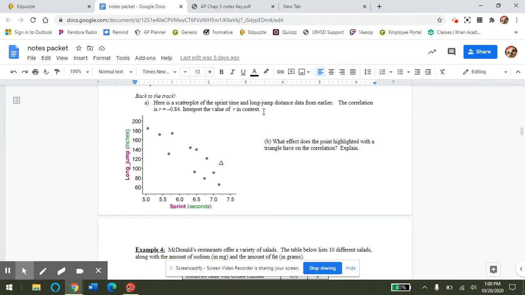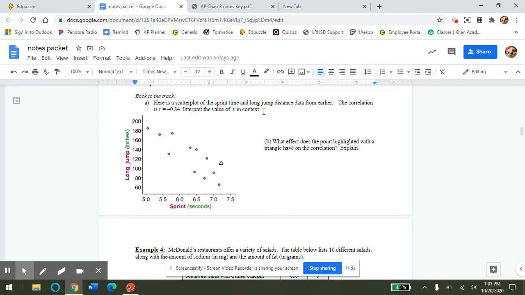You want to put a star on your notes, circle this, something. R only tells you strength and direction. The picture tells you form. The picture will tell you linear or not. So if you have negative 0.84, we know there's a strong negative relationship between sprint time and long jump distance, which we pretty much described last time when we described the scatter plot.